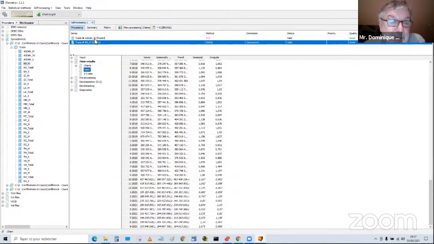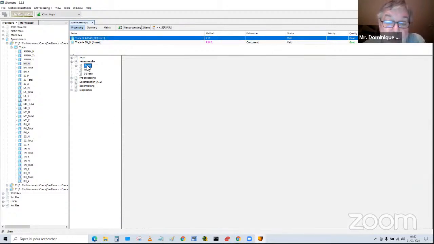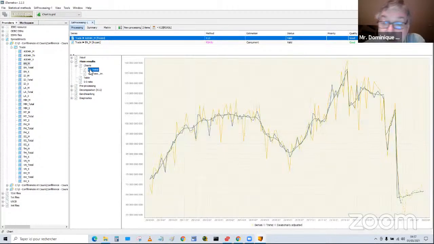So let us come back to the ASEAN. We know that we also have the forecast for the ASEAN. And if you want a chart, we will see all the forecasts. Here we have the forecast. You see that, for example, JDemetra+ does not tell you that things are going to improve very quickly.